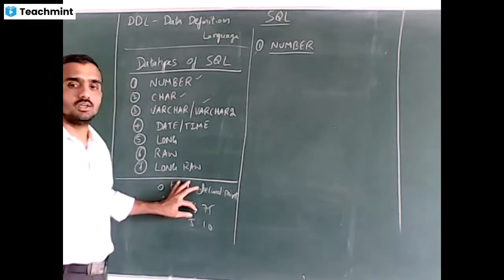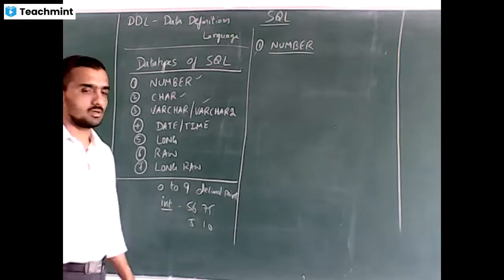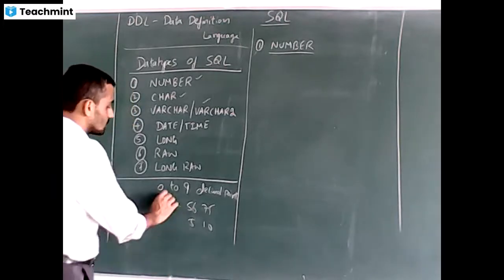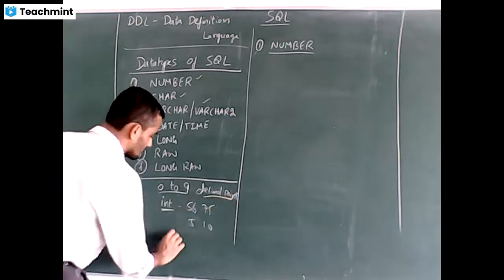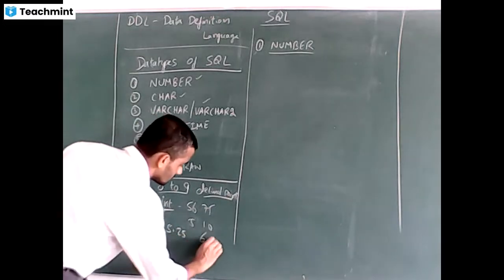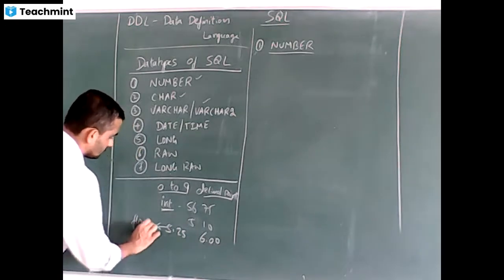It will not contain floating point values. And by using digits 0 to 9 and also a decimal point, suppose you want to store 5.25 or 6.00, for this we use the data type float. That we know.